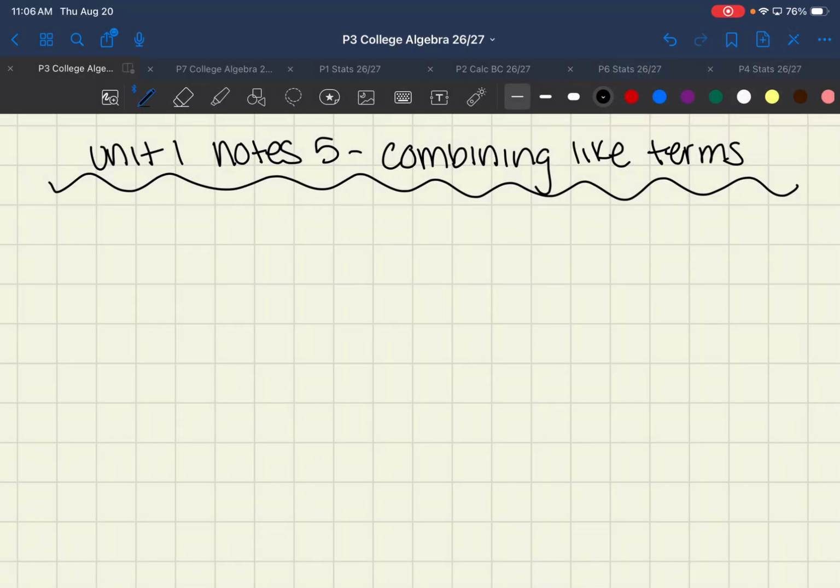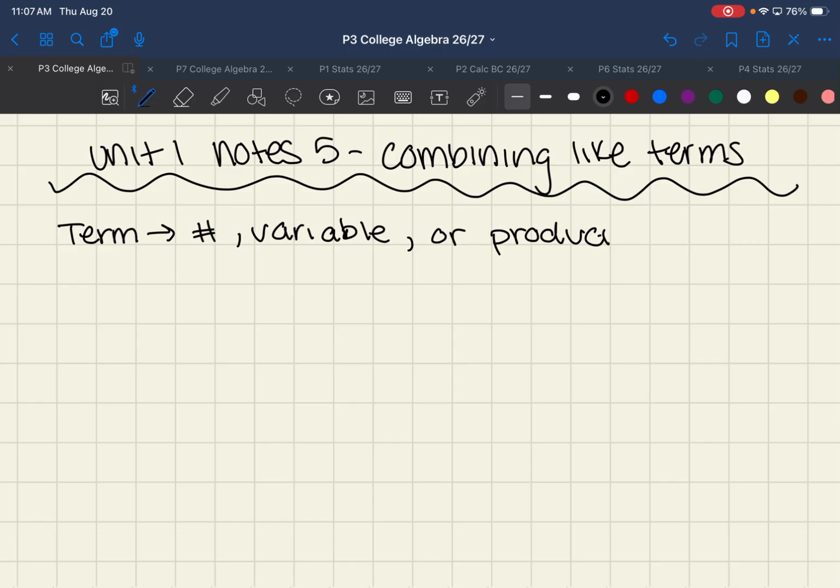Okay, so again, Unit 1, Notes 5, combining like terms. Starting off with vocabulary, we have the word term. A term is a number, variable, or product of numbers and variables. And remember, products are what?